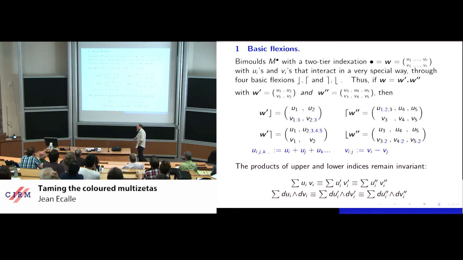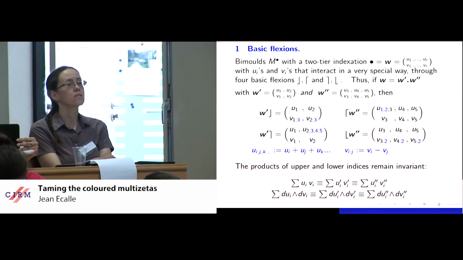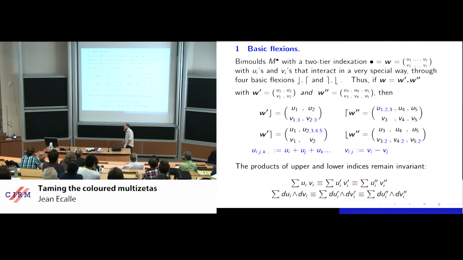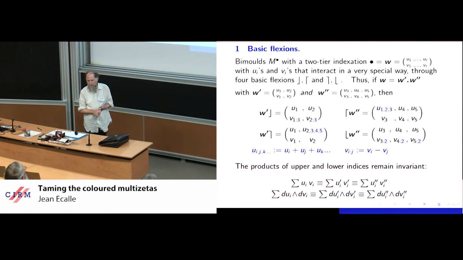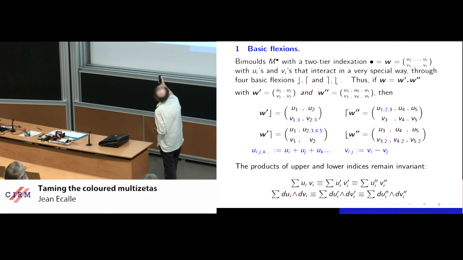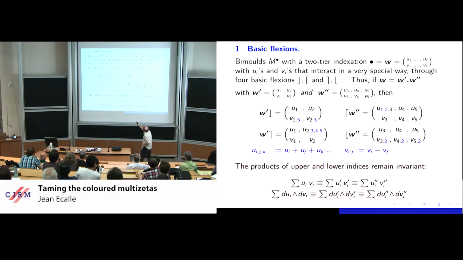So all the operations we are going to use can be built from four very basic and simple operations, the four elementary flexions. They are always relative to a splitting, a factorization of the sequence of W's, of the double sequence under consideration. So take one such sequence, and the four flexions go by pairs.